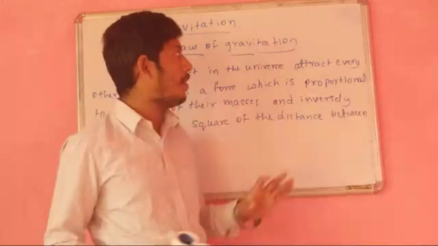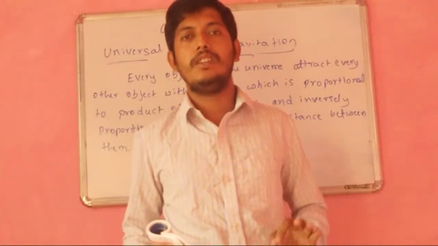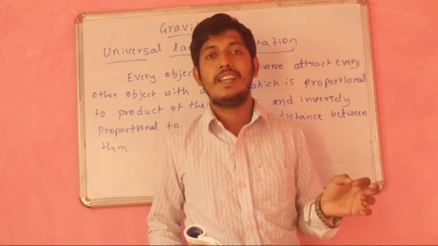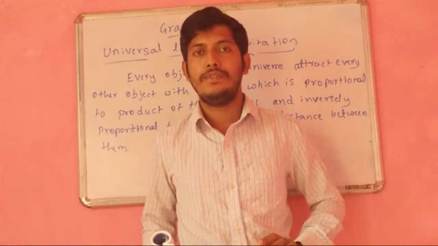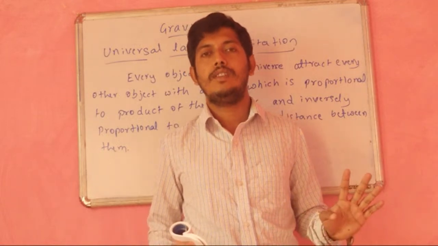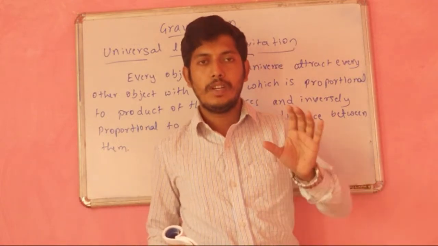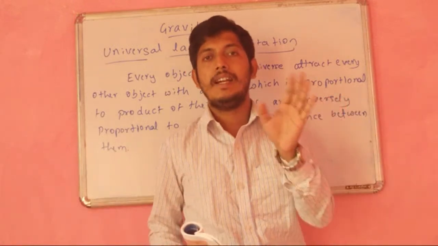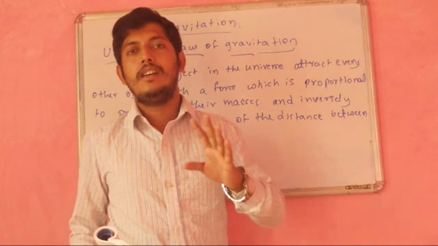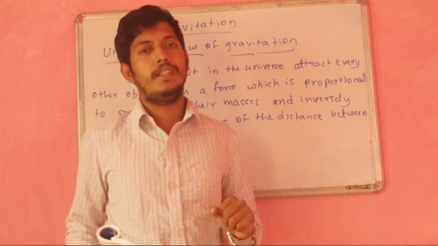Now similarly, in this law, it is given that every object in the universe attracts every other object with a force which is directly proportional to product of their masses and is inversely proportional to square of the distance between them. So first we will take the first part, that is force and product of the masses, and second we will consider force and square of the distance between them.